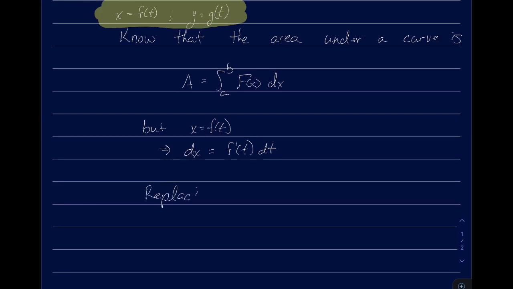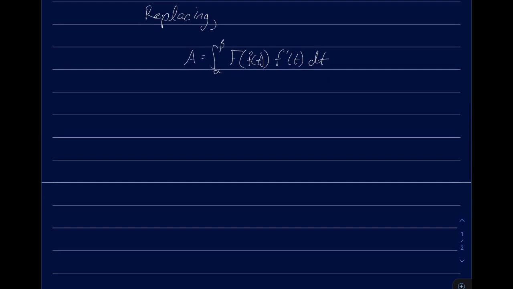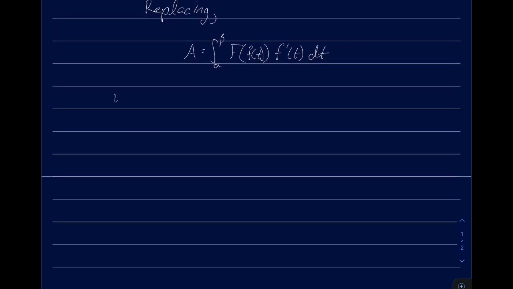And now we can replace x and dx with our new values just in terms of t. Instead of x bounds, we have t bounds. So when we replace this, we get the area is equal to the integral from alpha to beta of big F of little f of t times f prime of t dt.